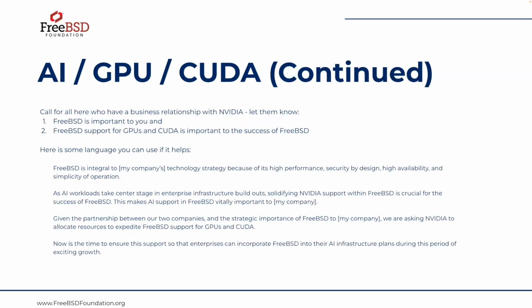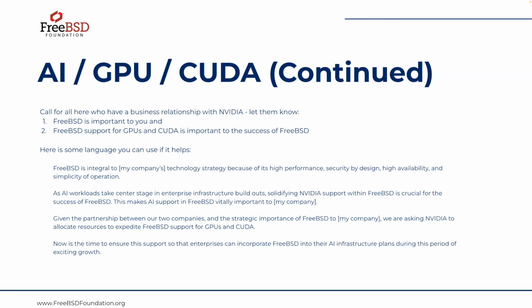And to that end, if anybody on the call or in this working group has a relationship with NVIDIA, here's some language that you can start with, and then modify to make your own, to get the same message to them: FreeBSD really matters to me, really matters to my company.